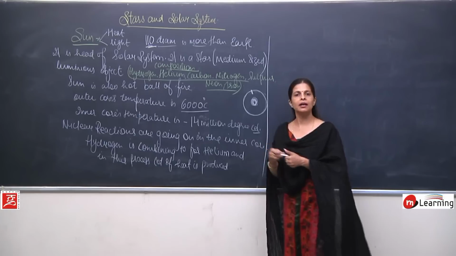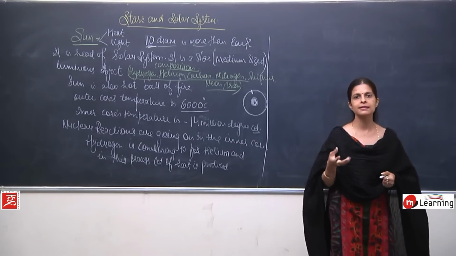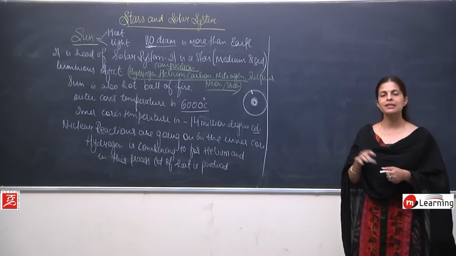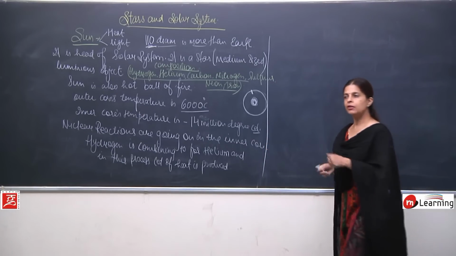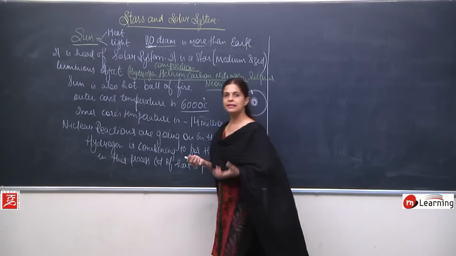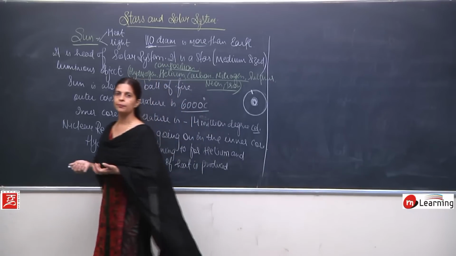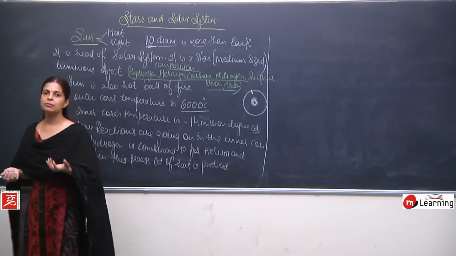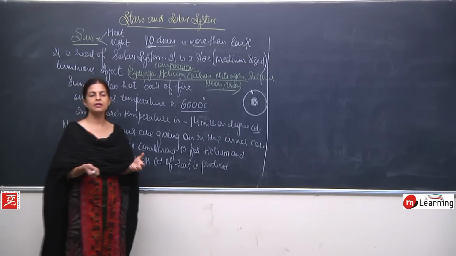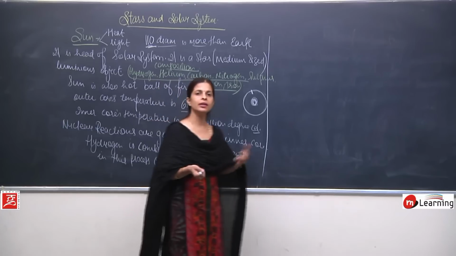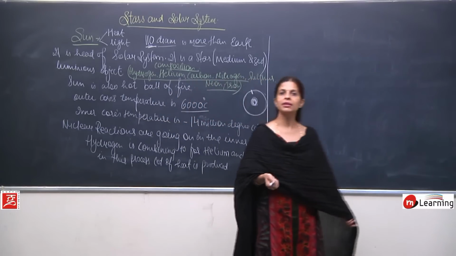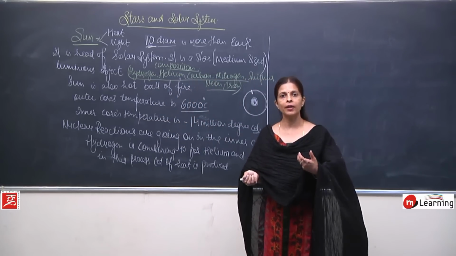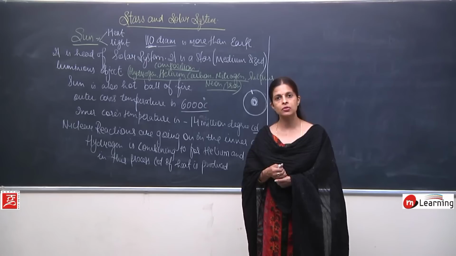When we compare it with other stars, it is a medium-sized star. Among the various stars we see in the sky, it is quite possible that many stars are even bigger than the sun. But why do they look so small?